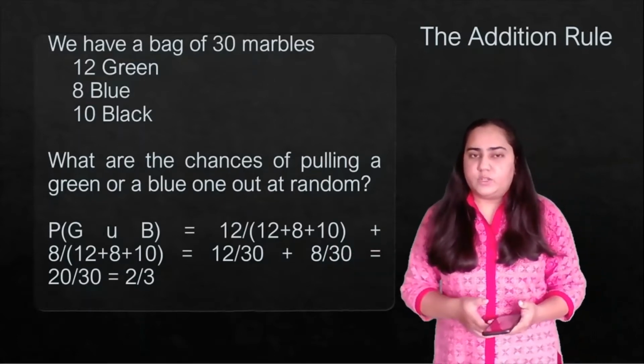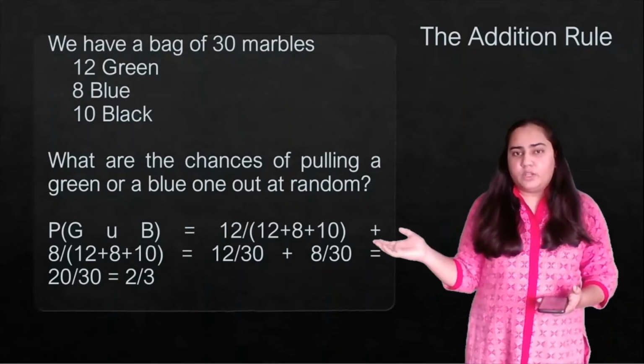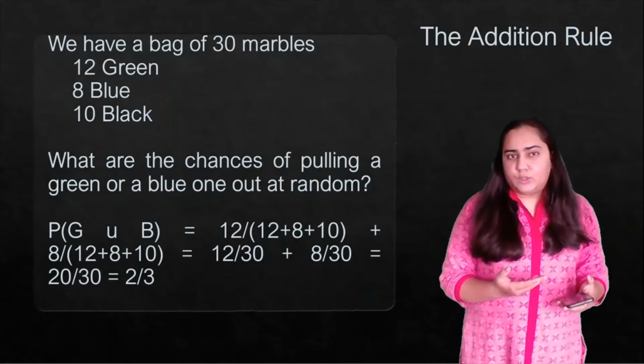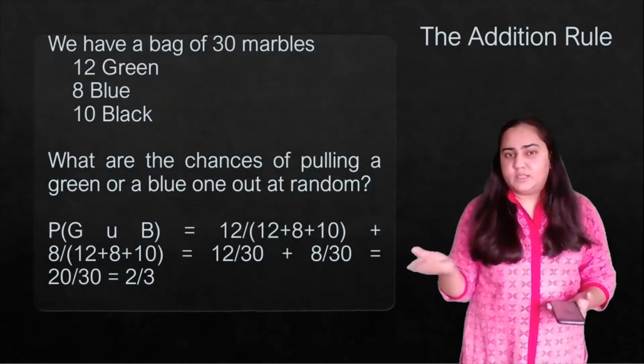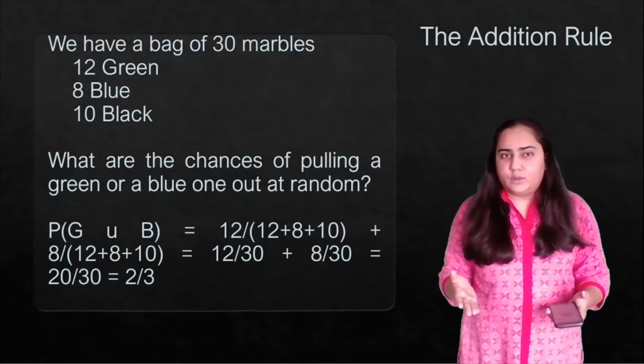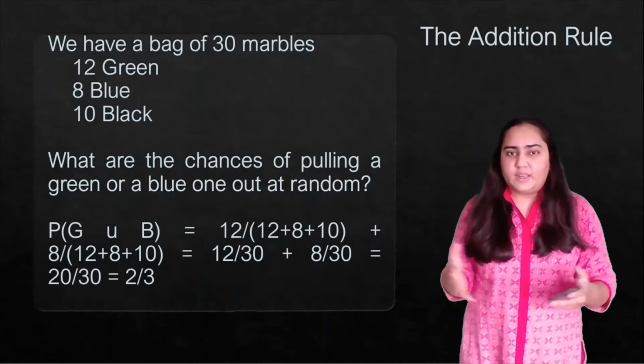The reason why we are doing this is because we are applying the addition rule formula, where 30, which is the total number of marbles, is the total of green marbles, blue marbles, and black marbles, and so you're adding all those.